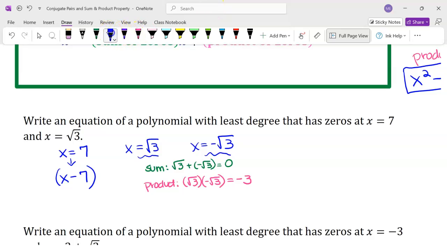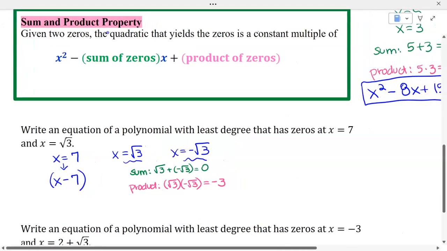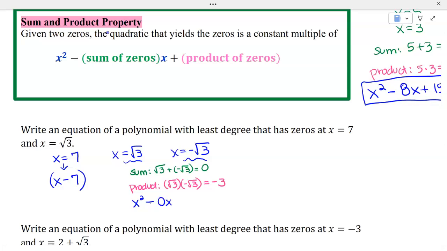So when I write what I refer to as the mega factor, I'm going to use sum and product. So it's going to start with x squared. It's going to be minus my sum, which here is 0 times x, and then plus my product of my zeros, which was negative 3. Now I'm going to go back and clean this up because I don't need to include that 0x.